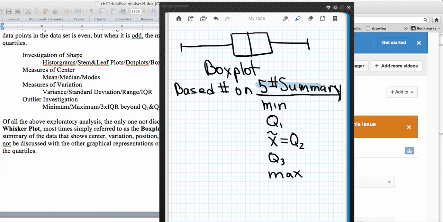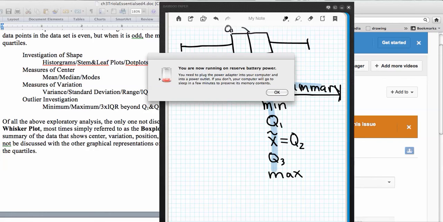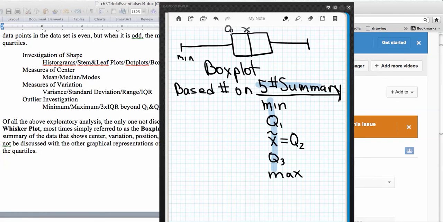That is a 5-number summary. And this creates this box plot. This is our minimum value. This line here is our first quartile. This middle one is our median. This last upright of the box is our third quartile, and this over here is our maximum.